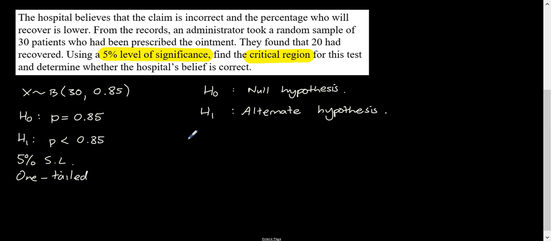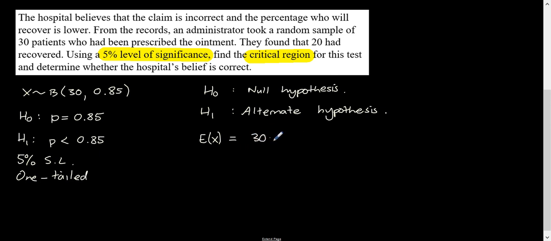So what we're interested in actually is how many would you expect out of this sample of 30 patients to recover? And to do that, we're going to calculate what's called the expected value. Now, we did touch on this when we studied the binomial distribution the first time around. You may or may not remember it. It's not in the specification, but it is a very useful piece of information.